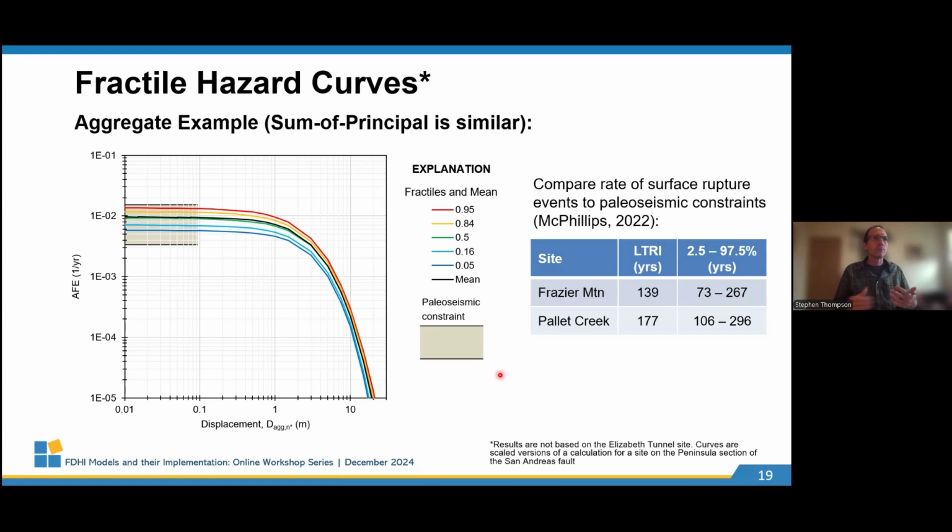They've interpreted a mean long-term recurrence interval and also a 2.5 to 97.5, or 95%, confidence interval of what the long-term mean recurrence interval is. So looking at the Frazier Mountain site, which is to the north, and the Pallett Creek site, which is to the south, we can come up with this paleoseismic constraint bar, and we can see that our fractile hazard curves are nicely nested within that type of constraint. So again, this is a wonderful advantage to working on the San Andreas.